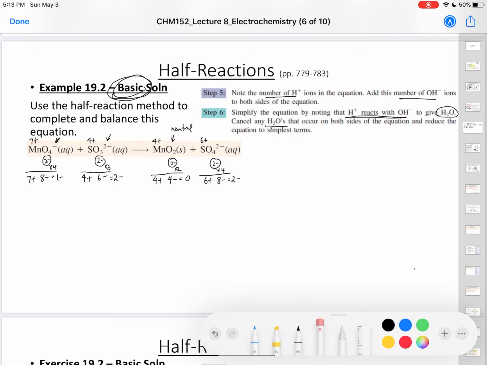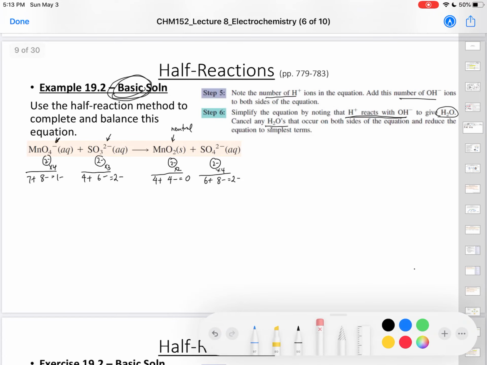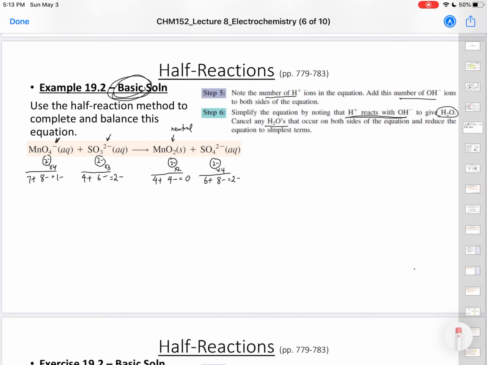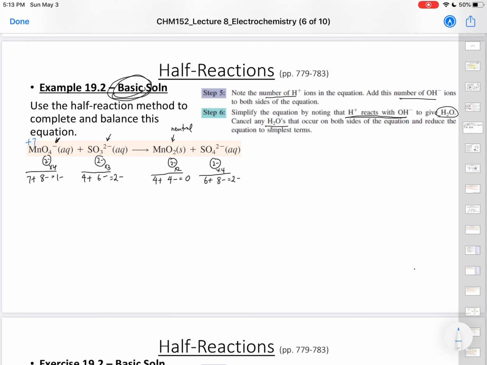So let's just rewrite this again in blue, so we know what it is: 7 plus, 4 plus, 4 plus, and 6 plus.